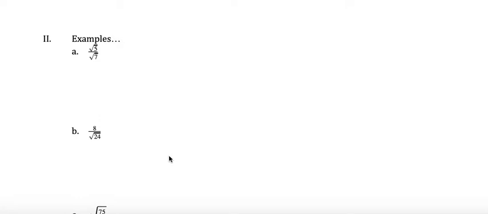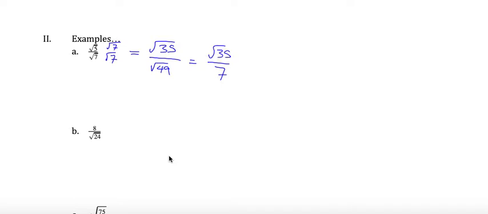So we're going to multiply the denominator and the numerator by the square root of 7. On top, we get the square root of 35. On the bottom, when you multiply the square root of 7 times the square root of 7, you get the square root of 49, and 49 is a perfect square, so we turn that right into 7.